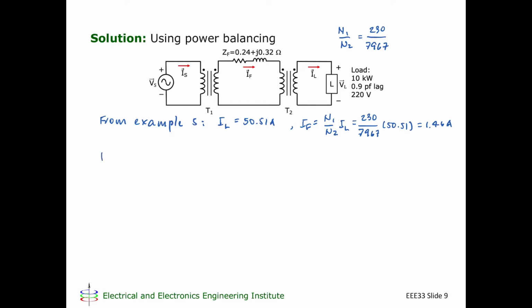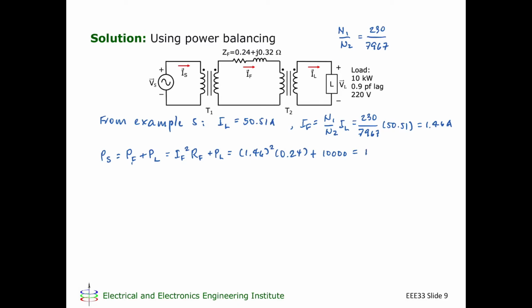So the power delivered by the source will be the power dissipated in the feeder plus the power delivered to the load. The power dissipated in the feeder is equal to the feeder current squared multiplied by the resistive component of the feeder impedance. So to this we add the power delivered to the load. So this is 1.46 squared times 0.24 plus the power delivered to the load, which is 10,000 watts or 10 kilowatts.